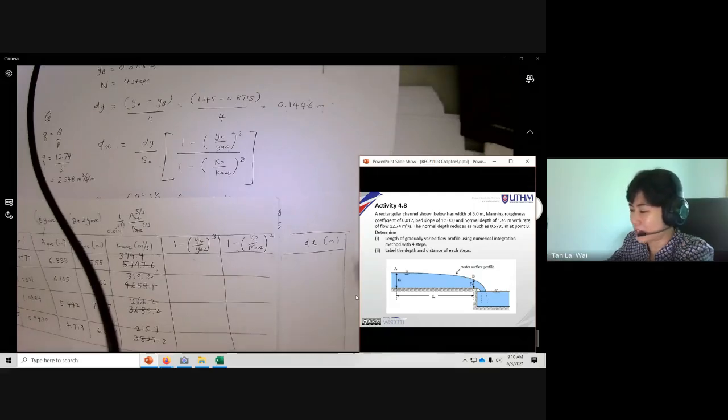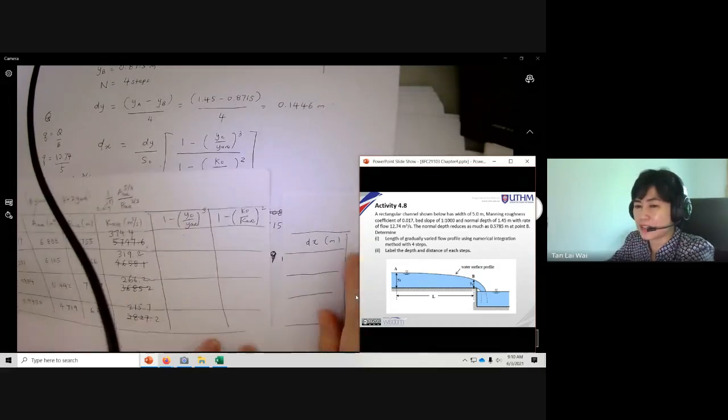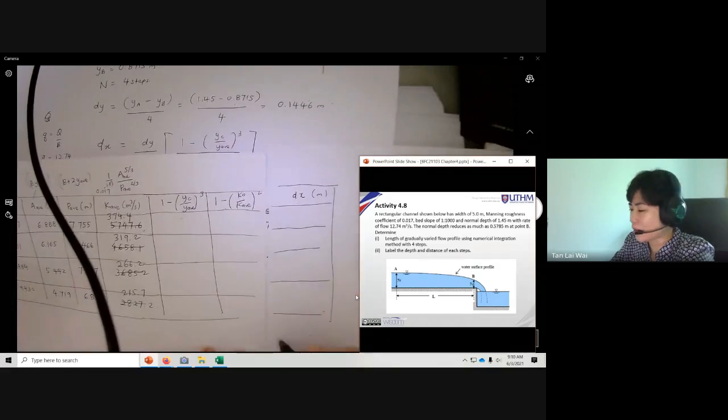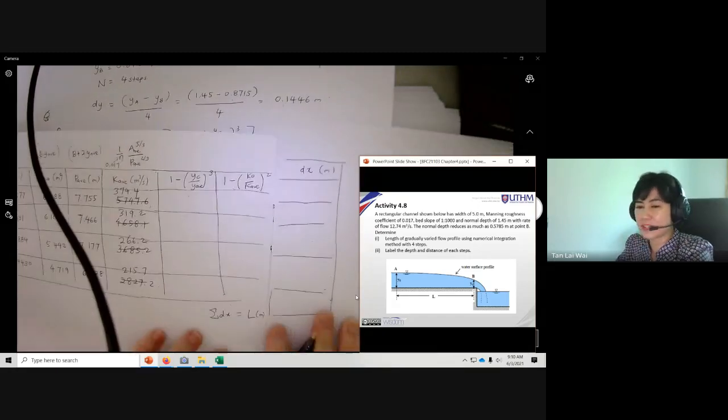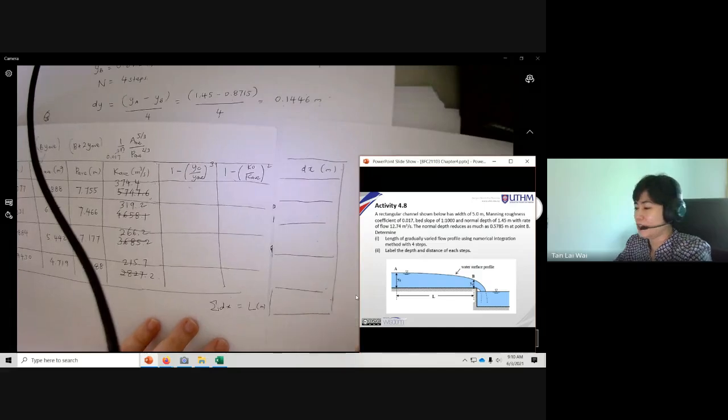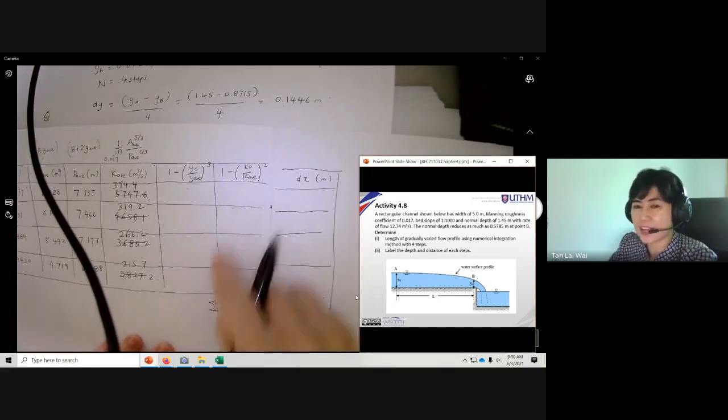I'll get this. So that will be my last column. When I add this up together, I'm going to have L here. This value is the summation. That means L will be the summation of all dx. Alright, so now let's solve this first.